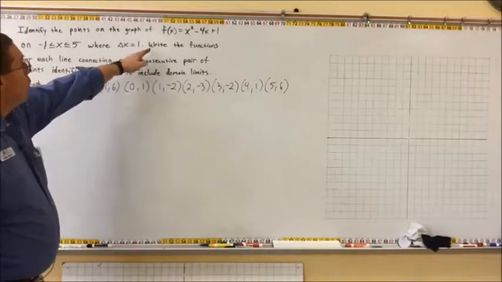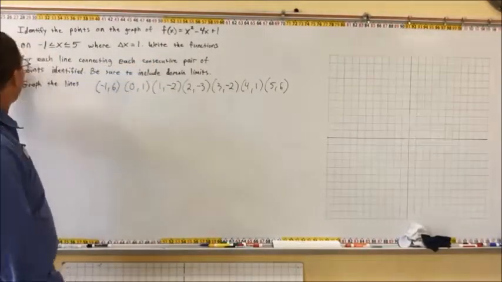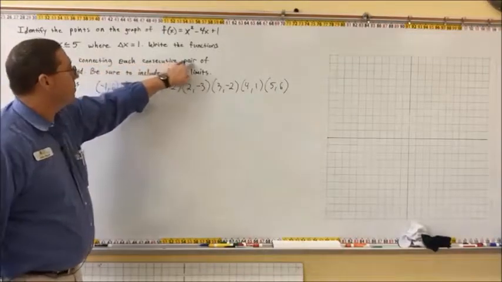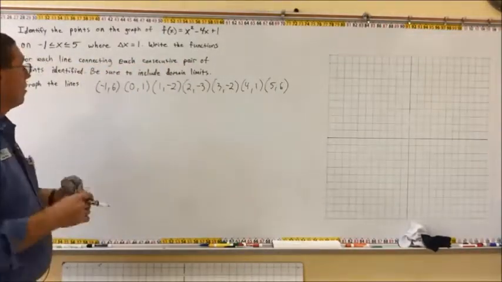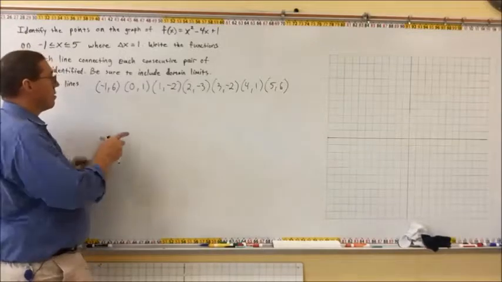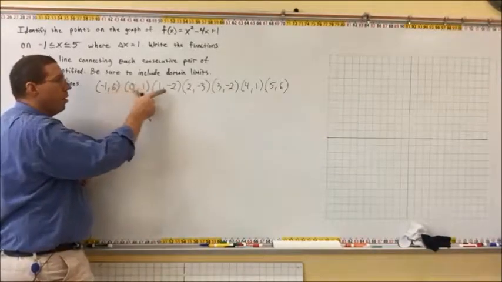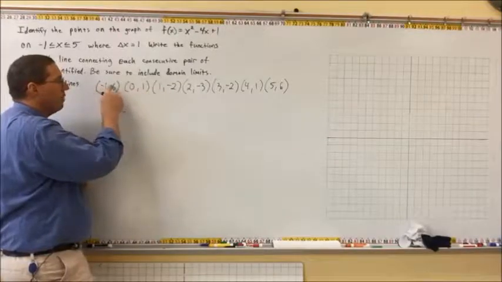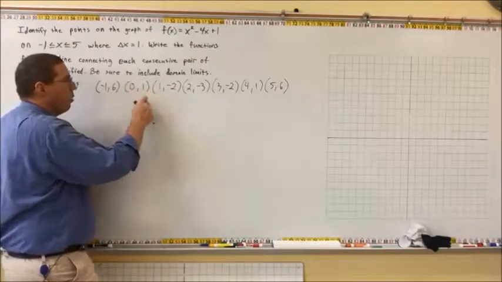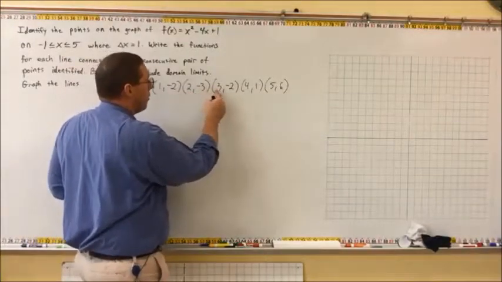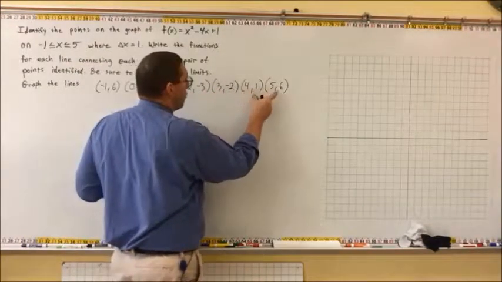So now it says, write the functions for each line connecting each consecutive pair of points. So what that means is, here's a pair, the next consecutive pair are these two. So there's negative 1 to 0, then there's 0 to 1, then there's 1 to 2, then there's 2 to 3, then there's 3 to 4, and then there's 4 to 5.